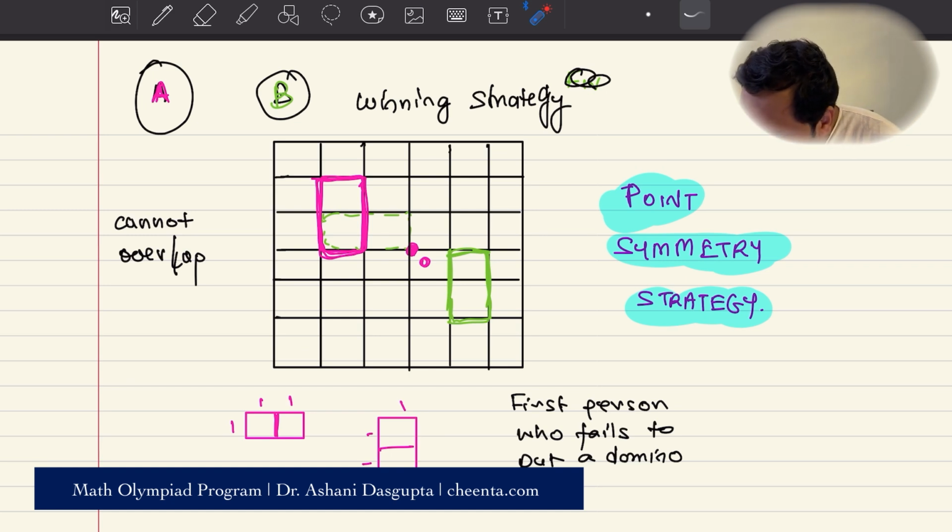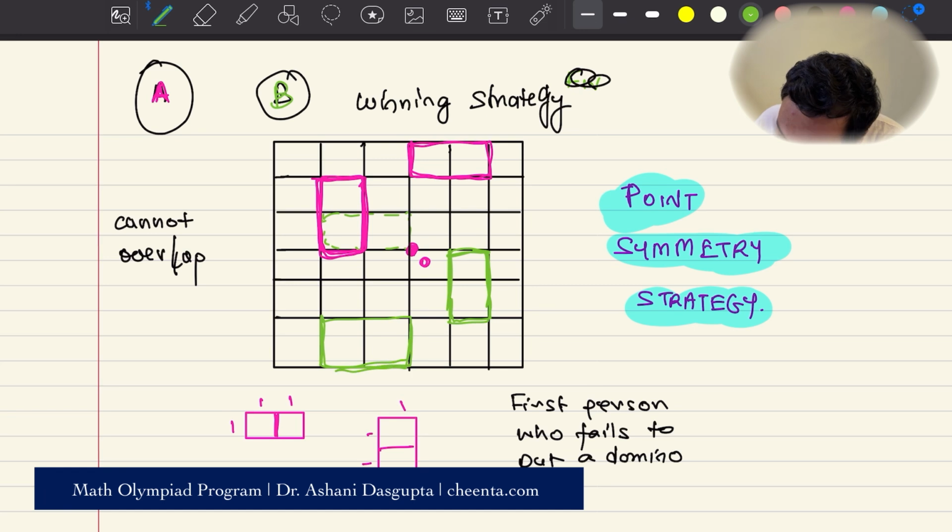Alright, so let's put another one. Let's say the pink player now comes along and puts the domino here. What would you do? Well, you would put the reflection like so. Remember, this reflection is always empty.